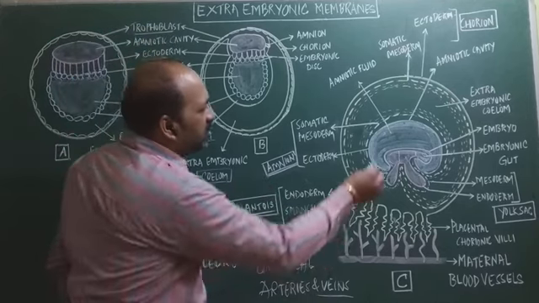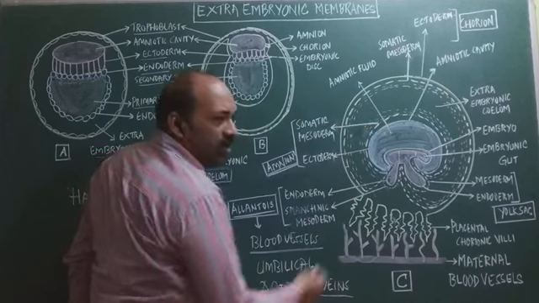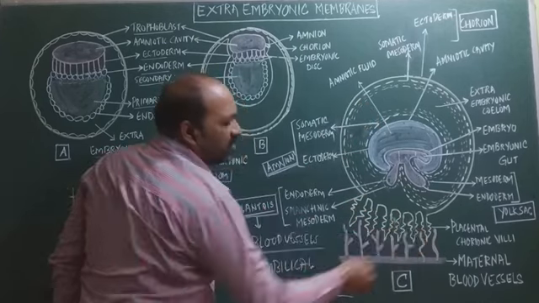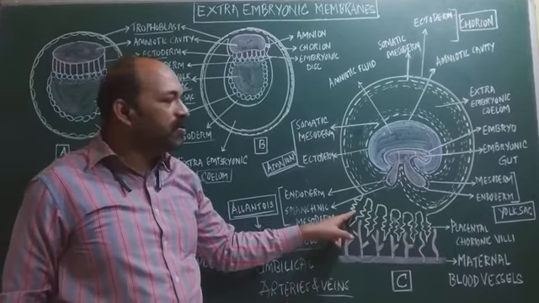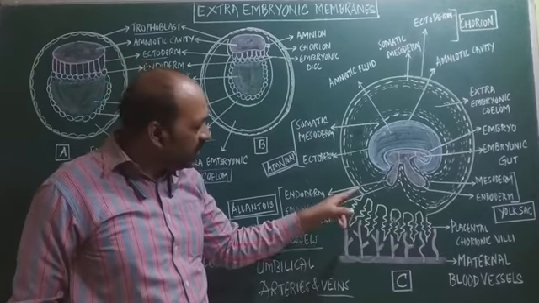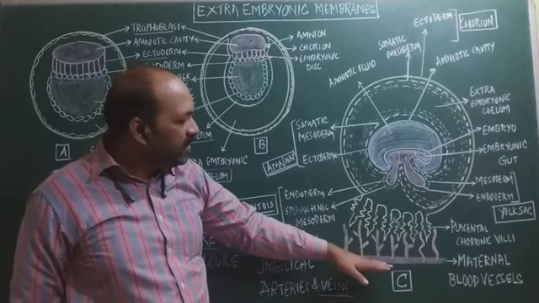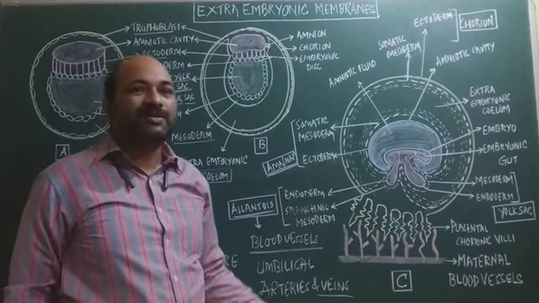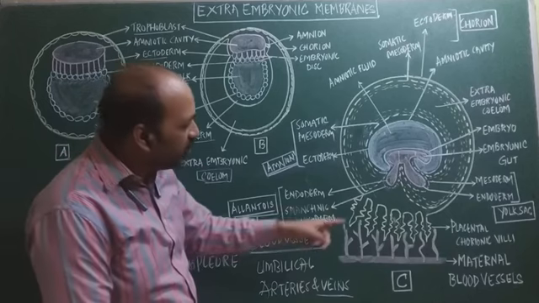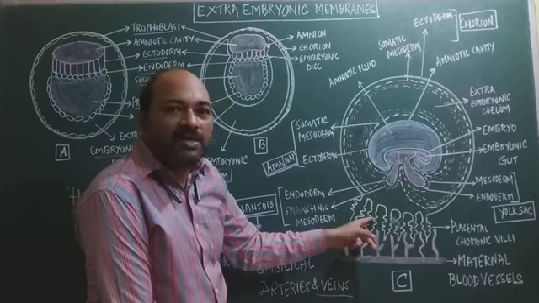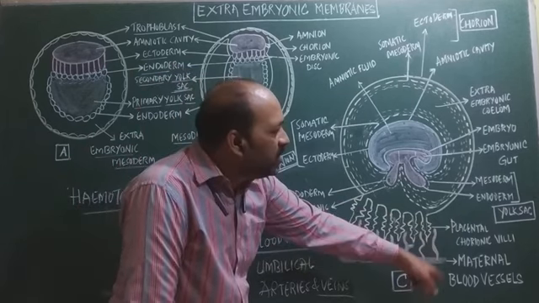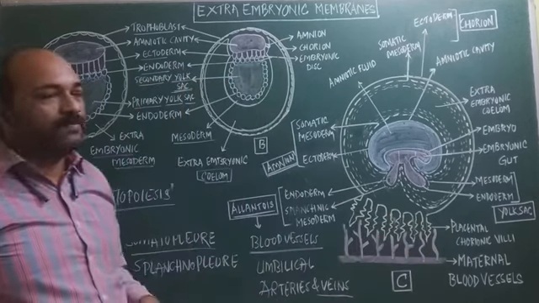Another function is that this chorion gives rise to many finger-like structures called chorionic villi. These chorionic villi later get attached with the maternal blood vessels and form the placenta. Henceforth, as they form the placenta, these are called placental chorionic villi.